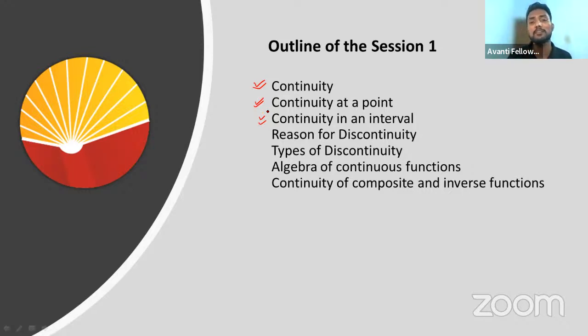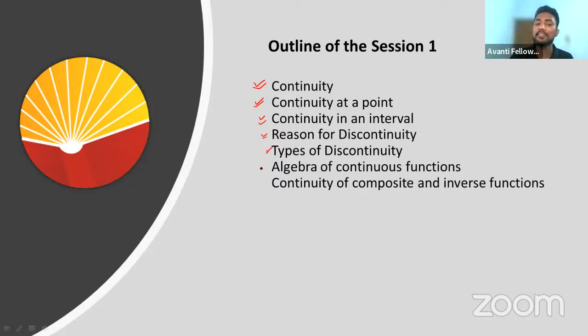Then we will see reasons for discontinuity, meaning there will be some points where it won't be continuous, and those points will be called discontinuous points. Then we will also see types of discontinuity, what kind of discontinuity can happen.